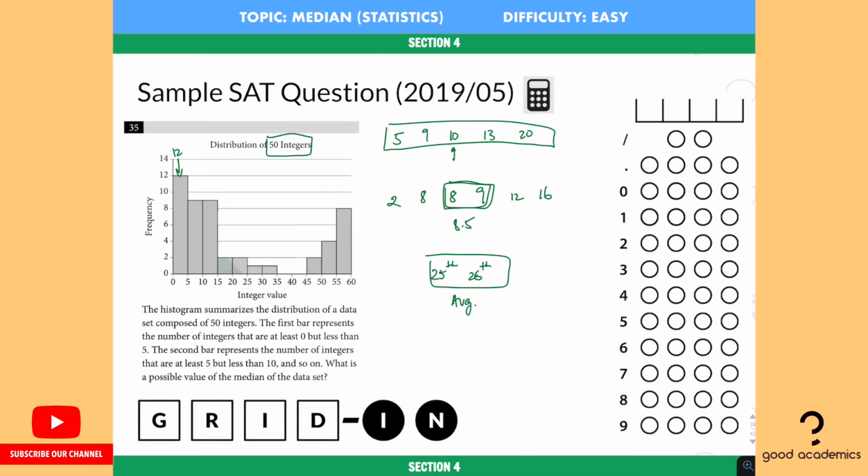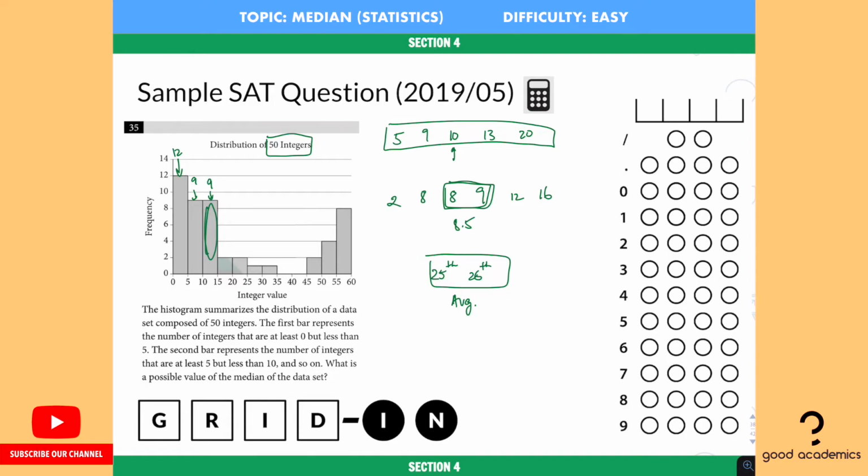The second bar gives you 9 numbers, so you have a total of 21 numbers already. Now it's getting close. We want the 25th and the 26th ranked. The third bar is also 9 numbers, which means you have a total of 30 numbers. So the 25th and the 26th ranked numbers must be somewhere right here.